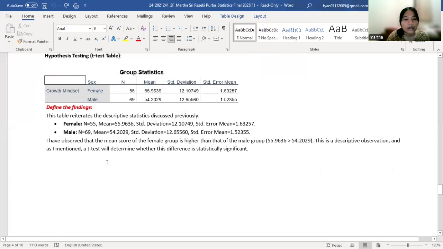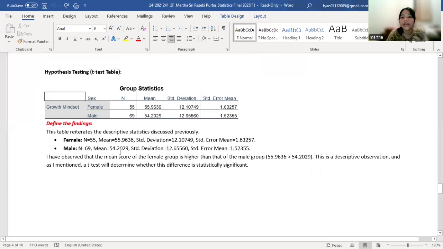I have observed that the mean score of the female group is higher than that of the male group, 55.96 is above 54.20. This is a descriptive observation, and as I mentioned, a t-test will determine whether this difference is statistically significant.